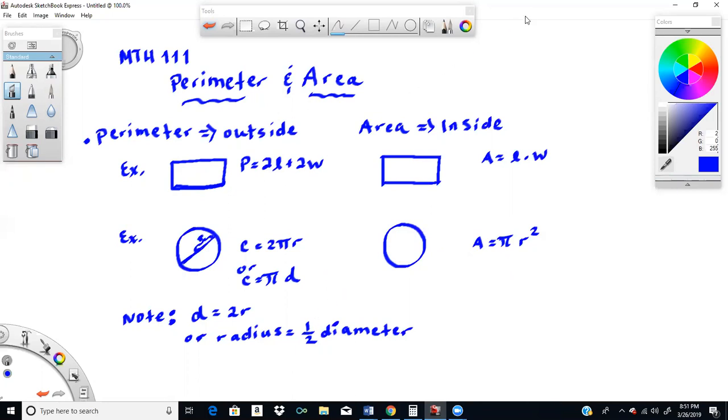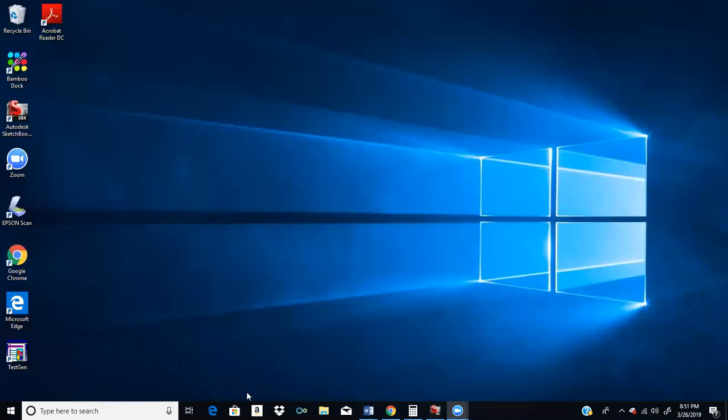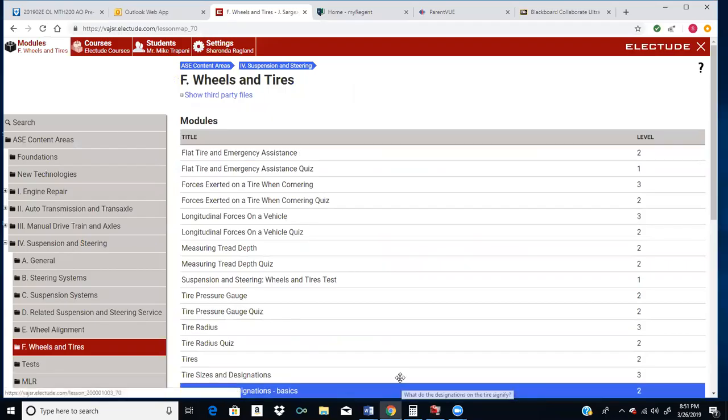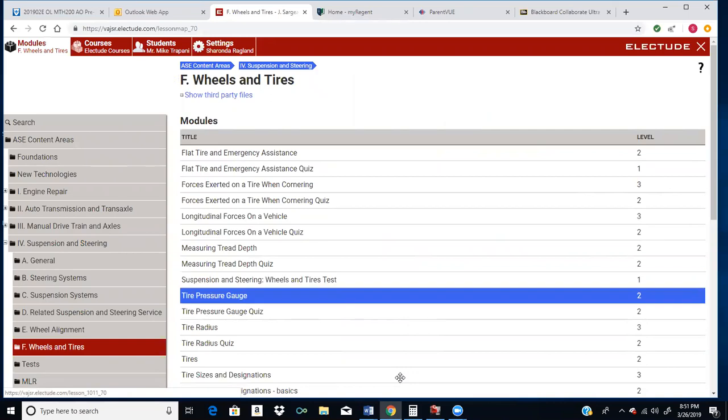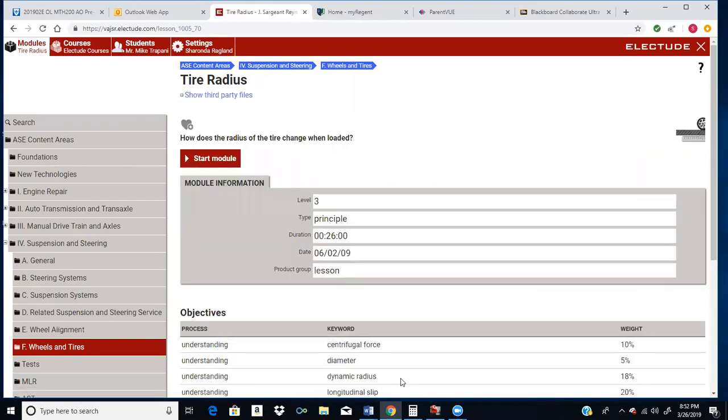All right, so let's look at the Electude and see some examples there. On your Electude, those of you in automotive are familiar with this, so we'll look at some of the problems.